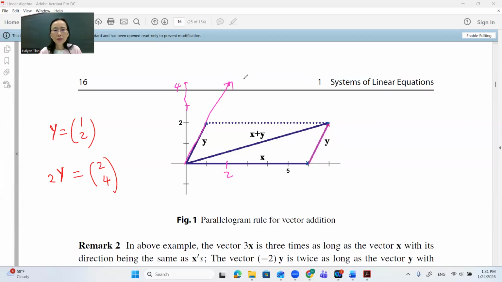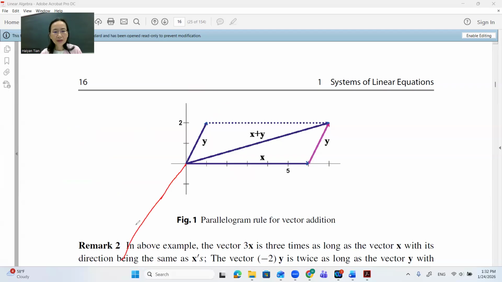So this y is showing here, and 2y is simply twice as long as y, but in the same direction as y. This is a 2y. Same direction as y, twice as long. As you can imagine, if it's a negative 2y, it will be pointing to the opposite direction, twice as long.